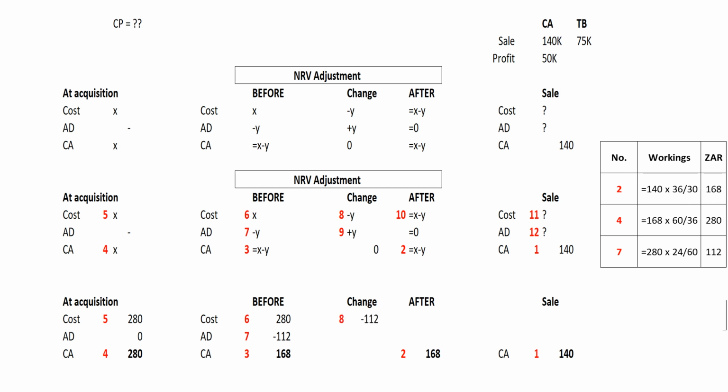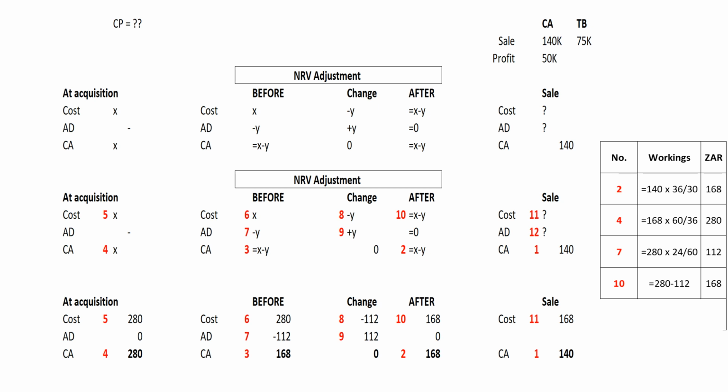We will then need to clear our accumulated depreciation account, and our cost after our NRV adjustment will thus be 168, and our accumulated depreciation account will now sit at a value of 0.